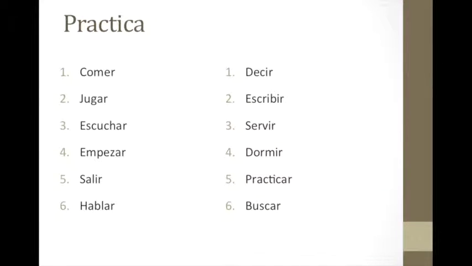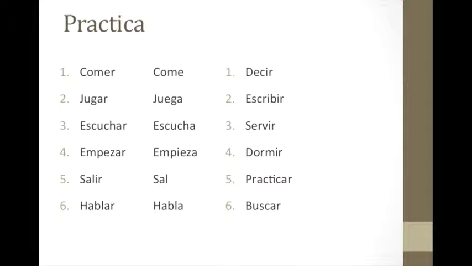So if we were going to do some practice, comer, if we wanted to command somebody to eat, come. Jugar, the él/ella/usted form, remember, is a U to UE stem change, so it's going to be juega. Escuchar, escucha. Empezar is an E to IE stem change. Empieza. Salir is irregular. Sal. Hablar, habla.